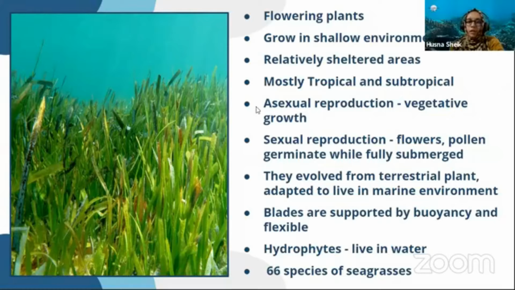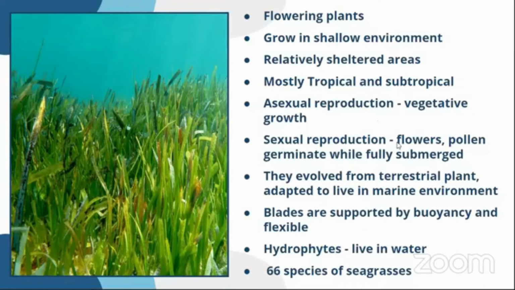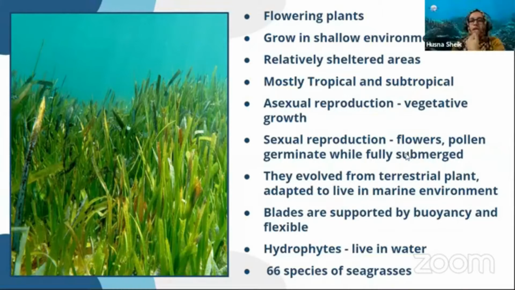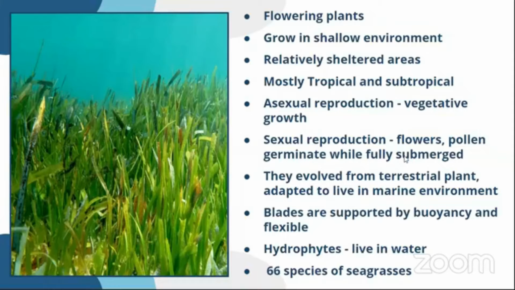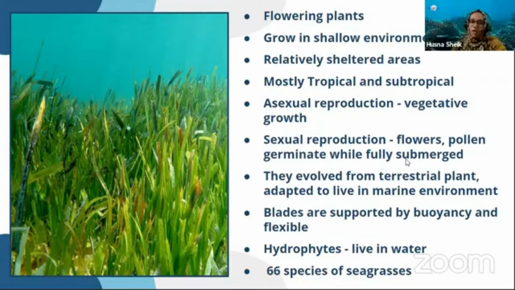They can reproduce vegetatively through rhizomes, and they also reproduce sexually, which means they have flowers, pollen germinates, and pollination happens. So both ways they can reproduce. They evolved from terrestrial plants and are adapted to live in the marine environment. This is widely accepted.